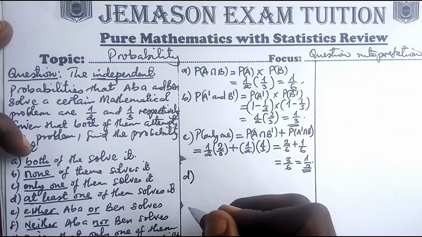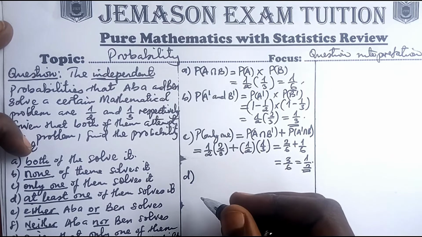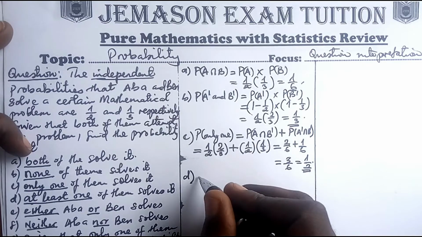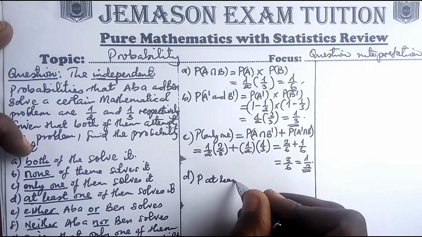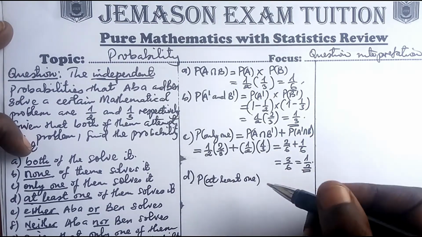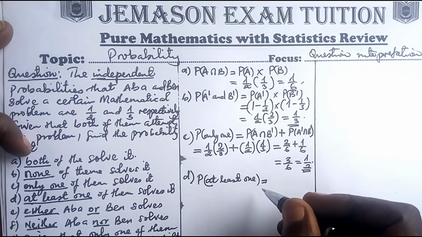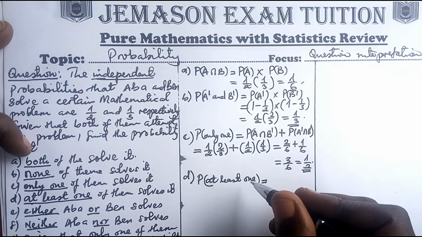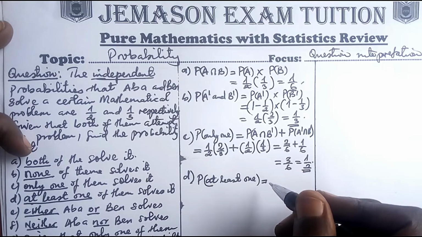The D part, it says at least one of them. P of at least one should be the case where either Abba will solve and Ben will not, or Ben solves and Abba does not, or both of them solve.